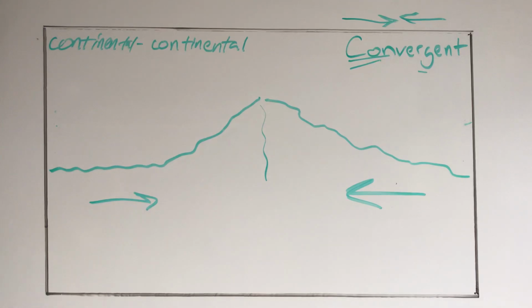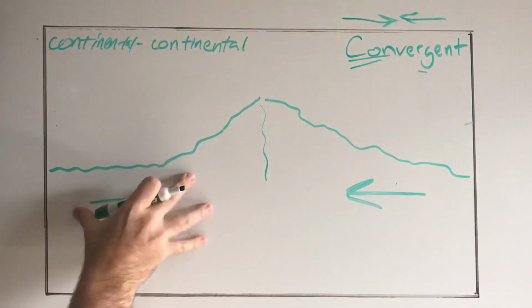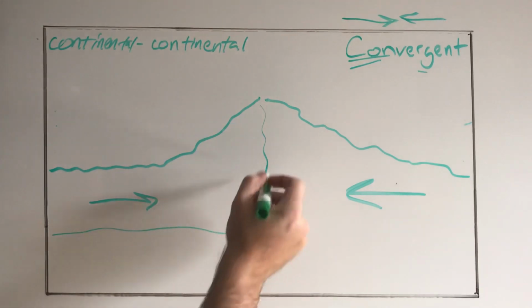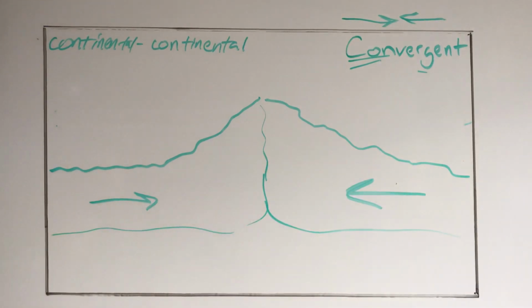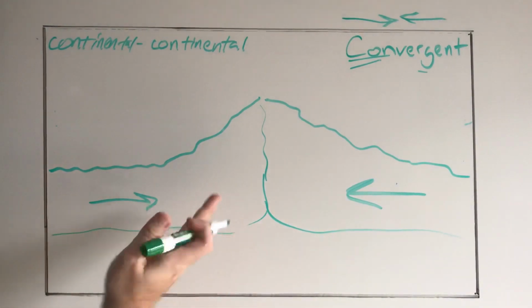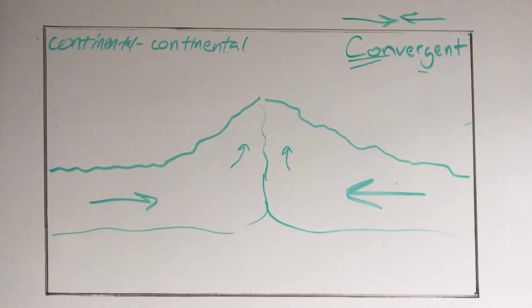These are plain Jane, boring mountains. There's no subduction occurring. This massive crust, you can even draw it bigger if you want, is not going under the other one. They are just crashing together, and you've got sort of an uplifting. You can do that if you want to signify that that rock is folding onto itself.